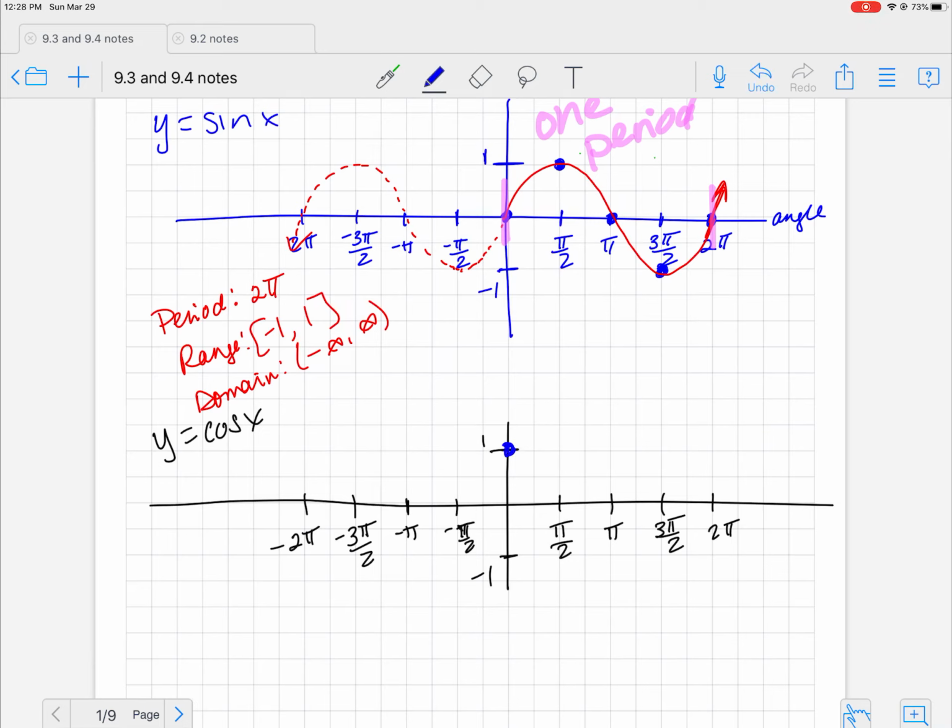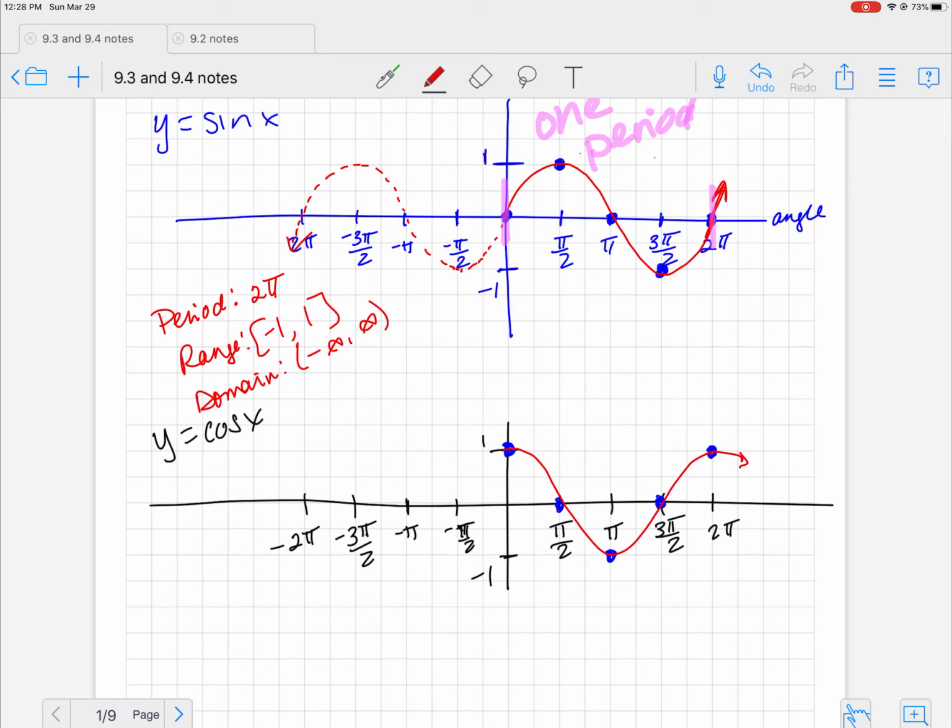However, when I'm looking to loop this around here, I'm starting up here at 1 because at the 0 angle measurement, it's at 1. At pi over 2, we go to 0. Pi goes down to -1. 3 pi over 2 is back to 0. And 2 pi is up here.